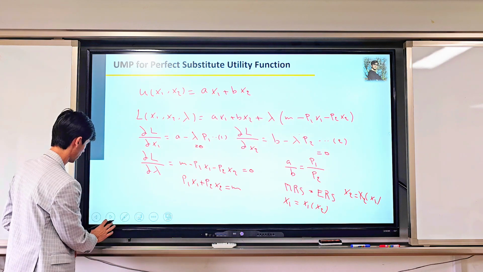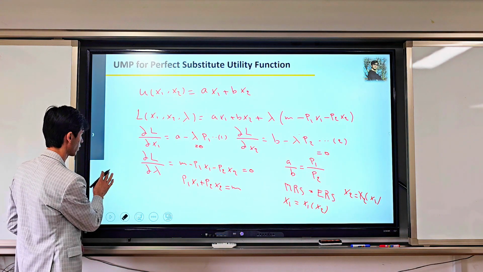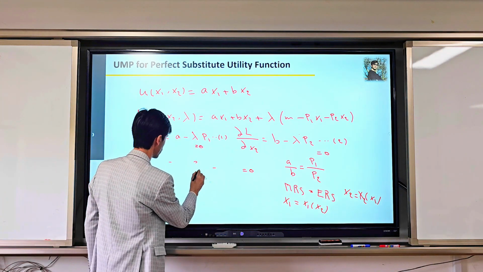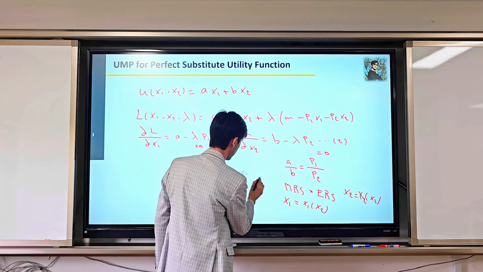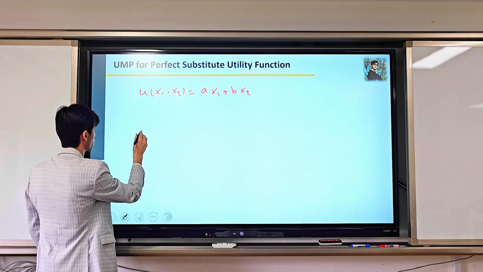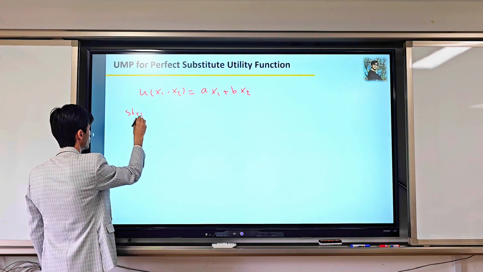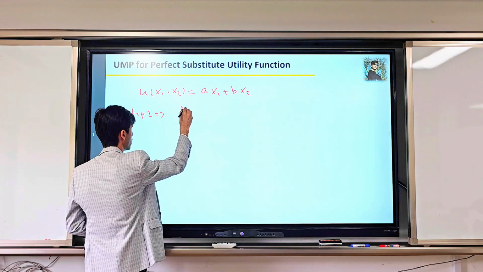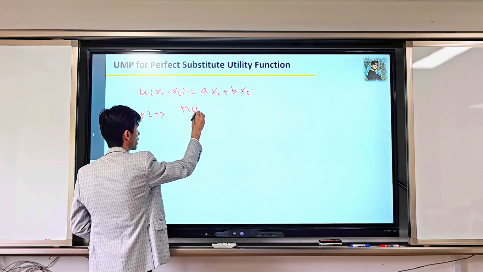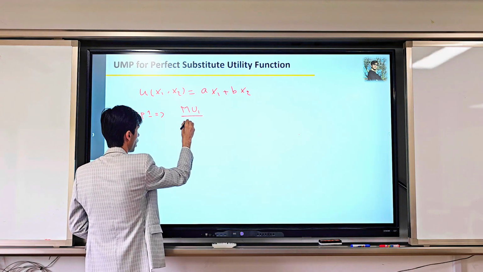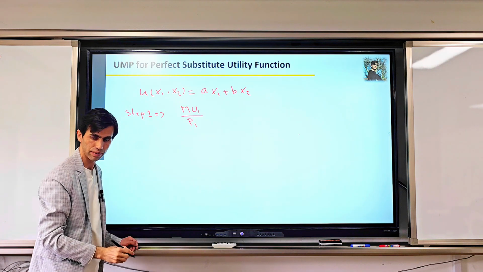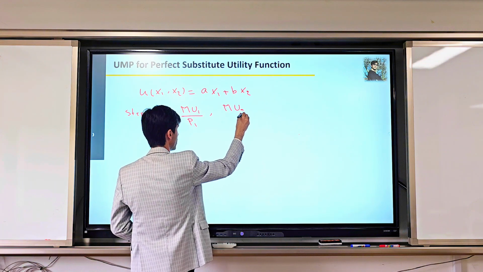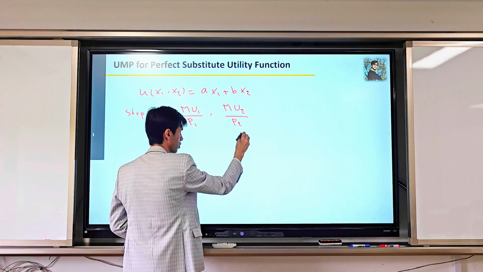So what is the alternative, or what can we do in order to find the utility maximization for this type of utility function? Again, we have 2 steps. Step 1 is to find the marginal utility per dollar of x1 and the marginal utility per dollar of x2.